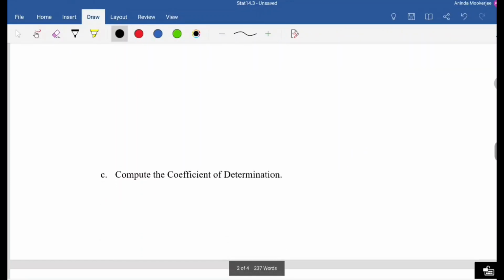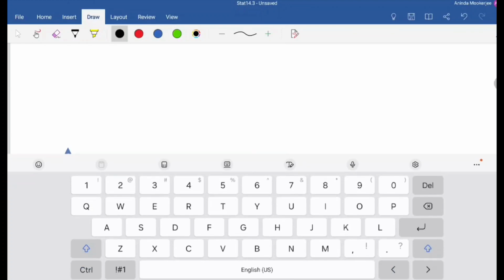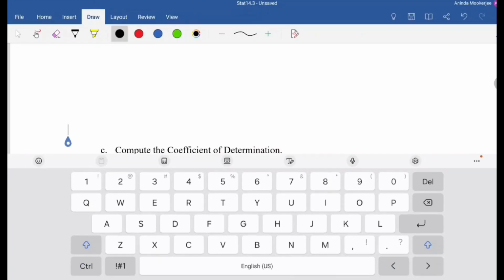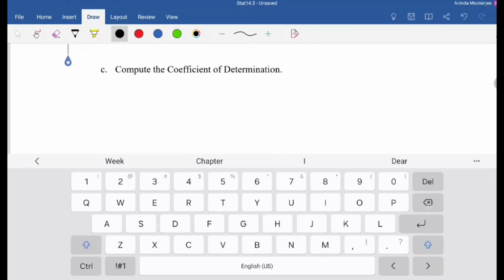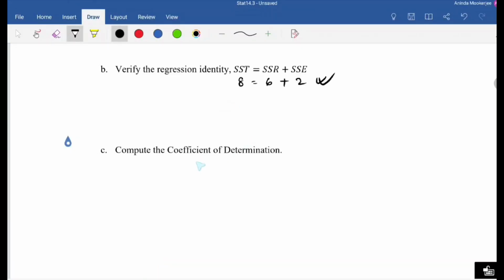What else? Now we have to compute the coefficient of determination. So the coefficient of determination, denoted by R squared, is SSR over SST. So SSR was 2, SST was 8. So 2 divided by 8 is 1/4, which is 0.25.